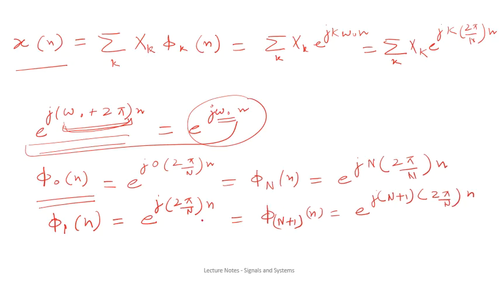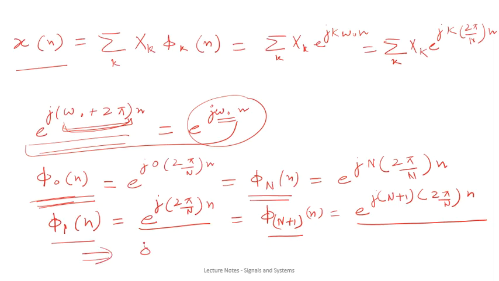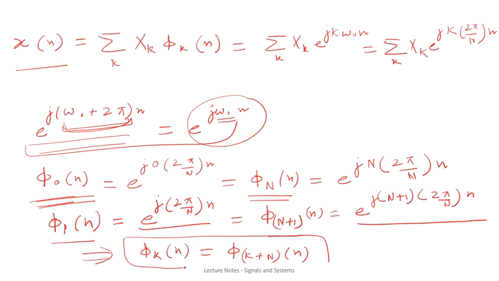If you simplify these two exponentials, they will be equal. So what I meant to say is that this phi 0 term is equivalent to phi n, this phi 1 term is equivalent to phi n plus 1, or in general, whatever phi k n will be, phi k plus n will be similar to it. You can try for different values, this will be equal.